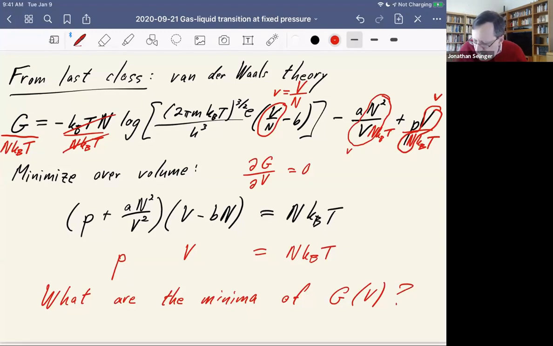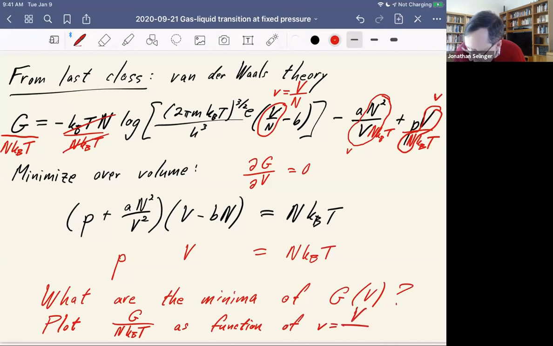So instead of actually plotting G as a function of capital V, I will plot this normalized G over NKT as a function of little v, that is the volume per molecule, the total volume divided by n.